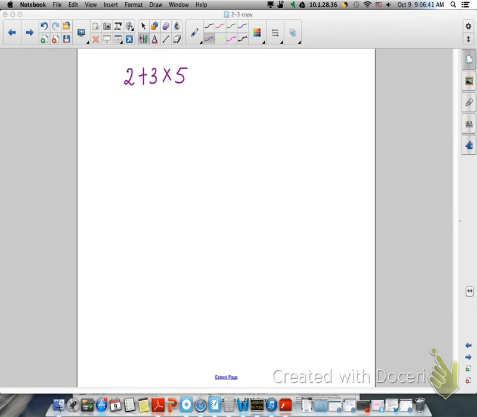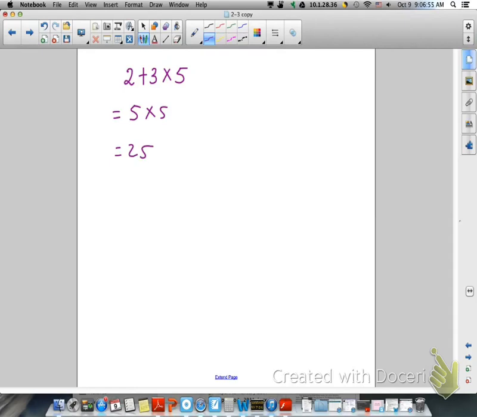Gabby? It's basically just 5 times 5, which is 25. Is any other answer possible? Yeah? Molly? 3 times 5 is 15 plus 2. 2 plus 15, which is 17.